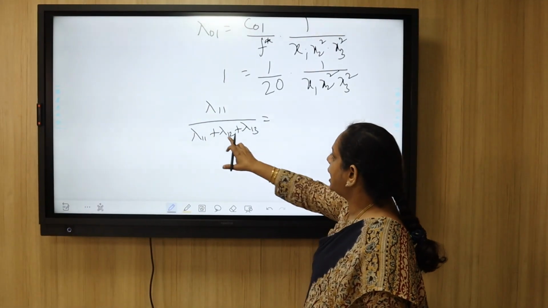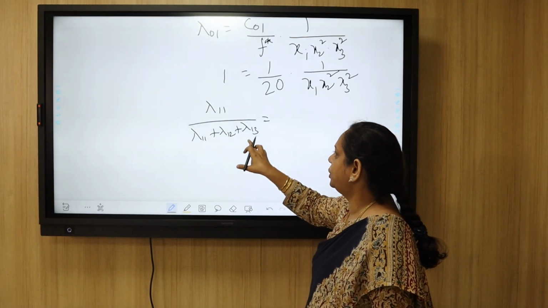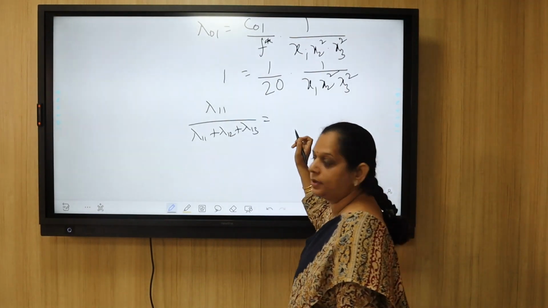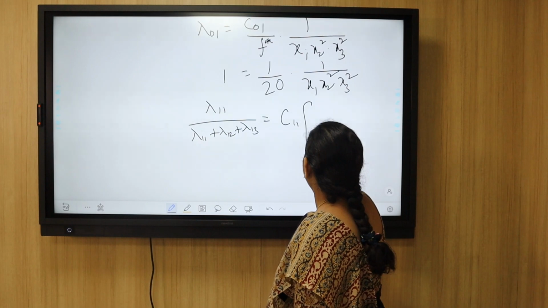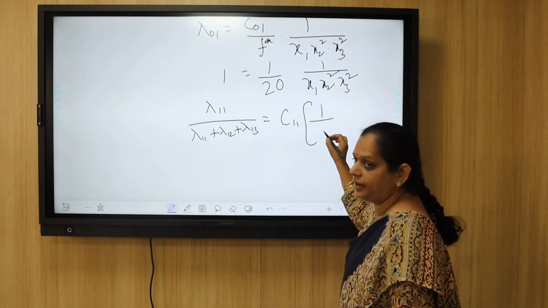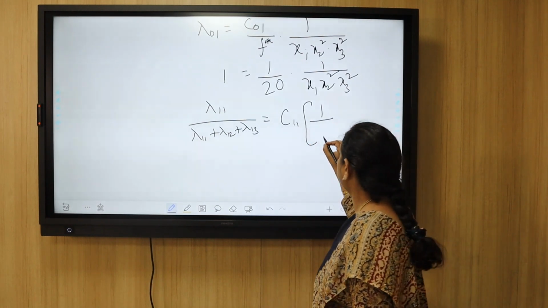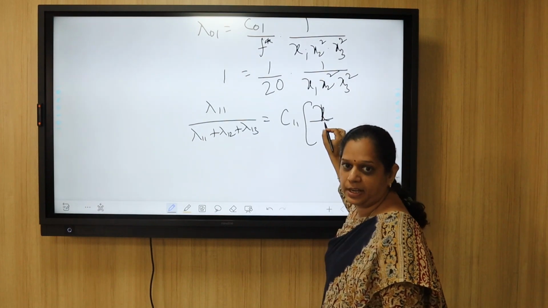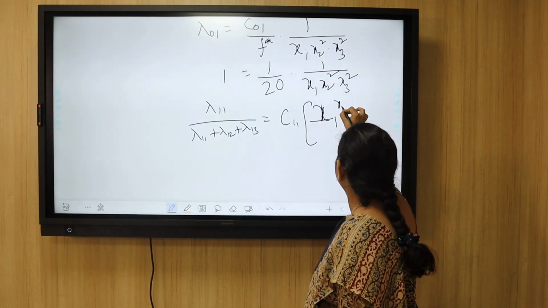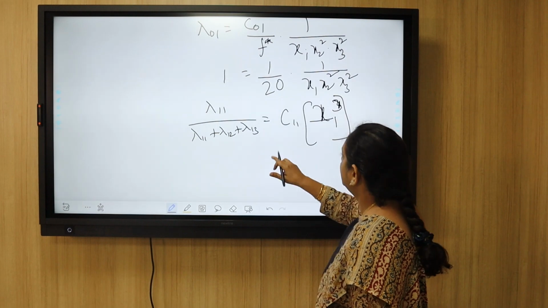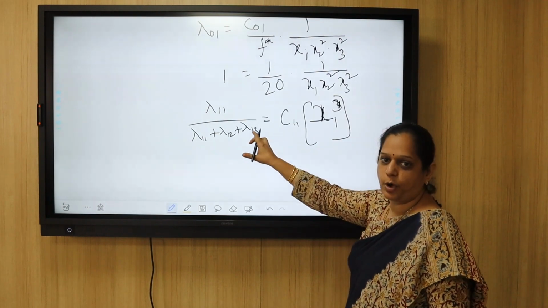Here for this one, lambda 11 by lambda 11 plus lambda 12 plus lambda 13 equal to C11 into x1 x3. Why? Because this is for constraints. That's why the formula is like this.